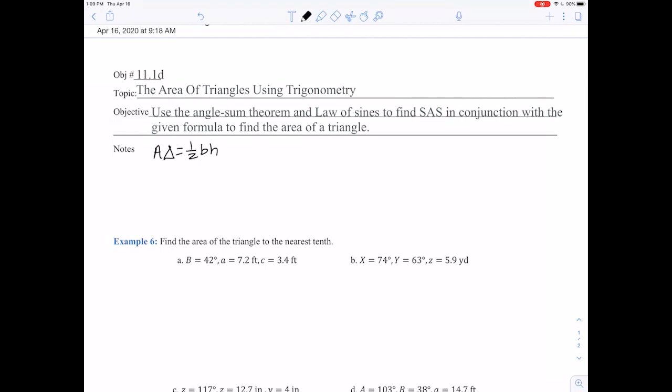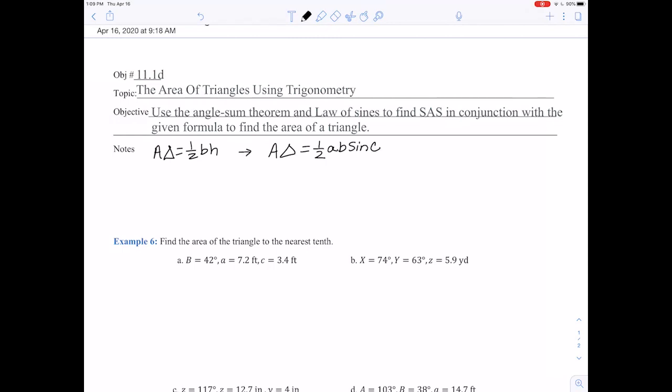And so we have an alternative formula that says this: the area of a triangle is equal to 1/2 side A times side B times the sine of C, or, well, it depends.